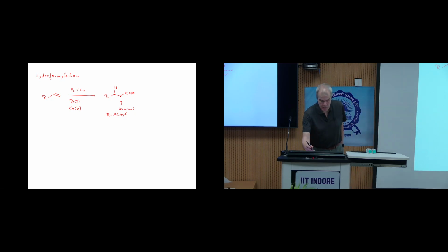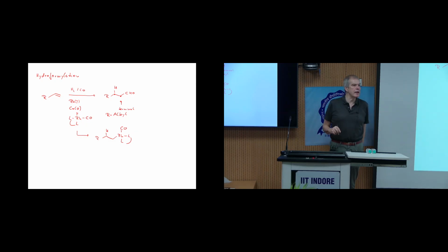So usually it wants to go terminal, because whenever you have, for example, a rhodium carbonyl hydrogen complex which might have ligands on here, if this adds to the double bond, for steric reasons, it wants to do something like this, right? It wants to add the hydrogen to the smaller substituent, to the smaller side, and then the big rhodium fragment with its ligands around it, it wants to add to the terminal side.